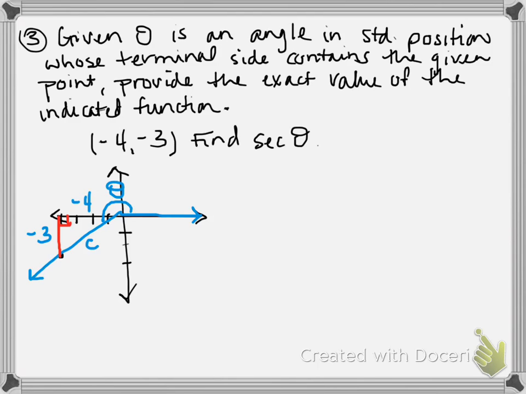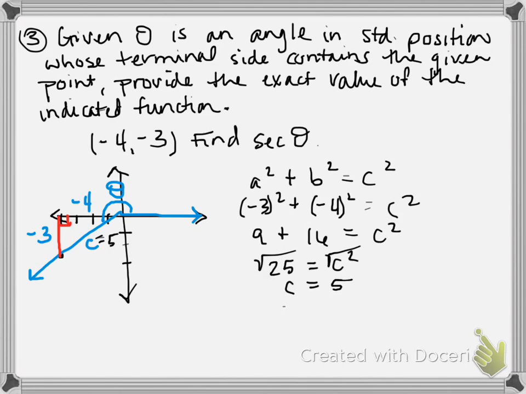I'm going to use the Pythagorean theorem since this is a right triangle. And so I have -3 squared. Remember, it's the quantity -3 and the quantity -4. So I find that c is 5. And I still am not finished though. I want to find secant. Secant is the reciprocal of cosine.